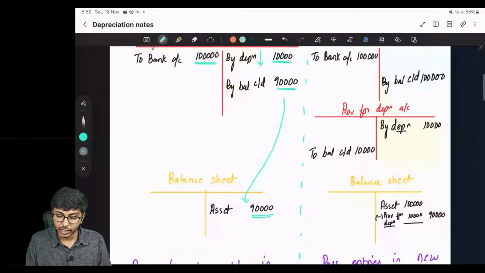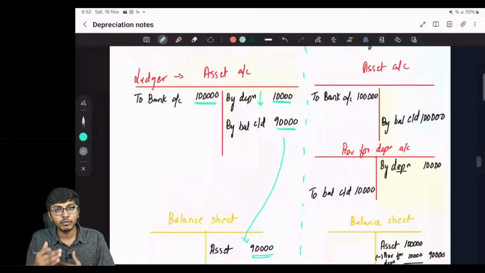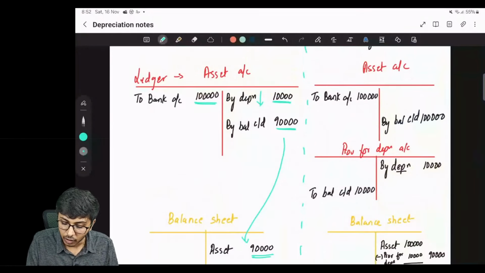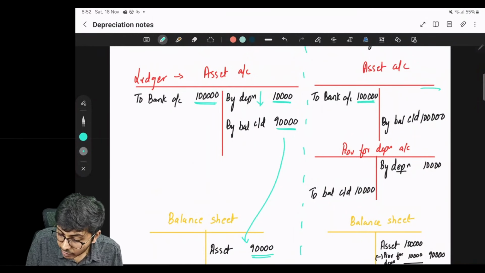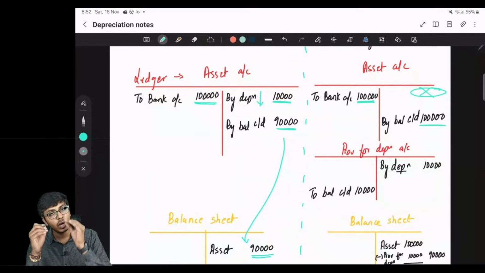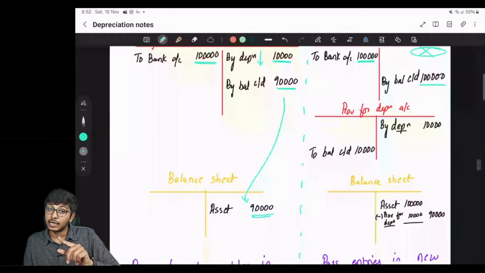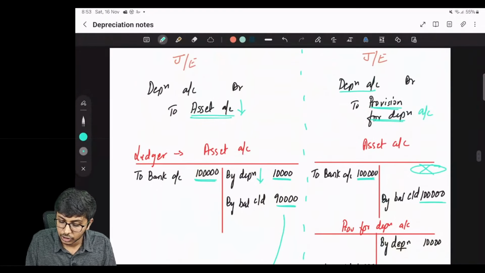Got it? Whereas we will see what is in this method where we are creating provision for depreciation. In the asset account, you will say I bought it for 1 lakh. Depreciation, I will not provide it here. I will not reduce the asset. I will keep the asset at 1 lakh only. But I said I'll credit the provision for depreciation account in my second journal entry.